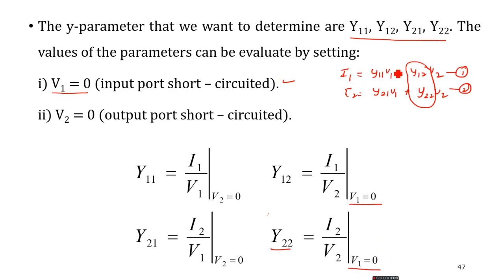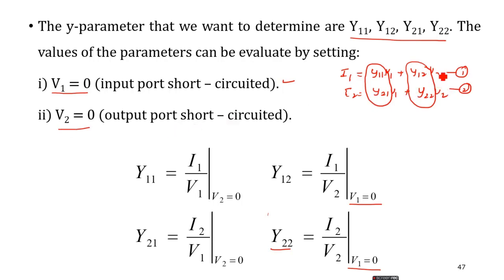Similarly, make V2 as 0. What is the meaning of this? The output port is short circuited. If V2 is 0, we will get these two parameter values. The second condition is, let us make the output port a short circuit, meaning V2 is 0.